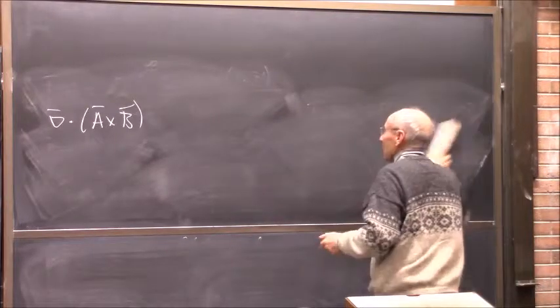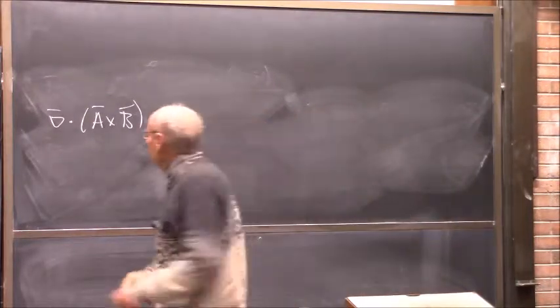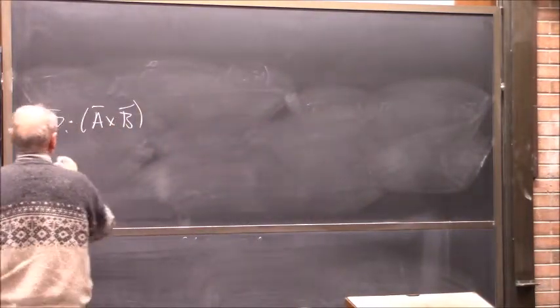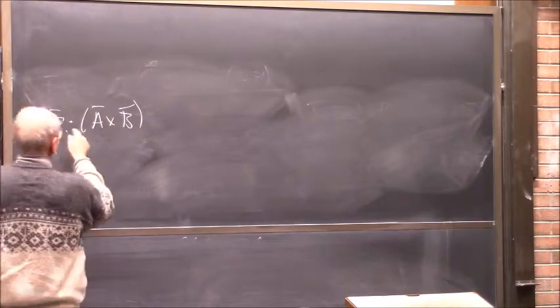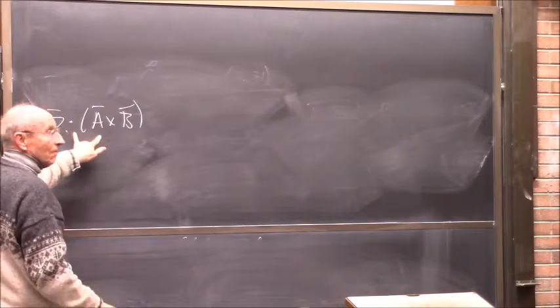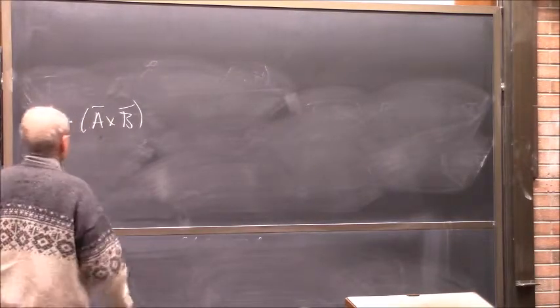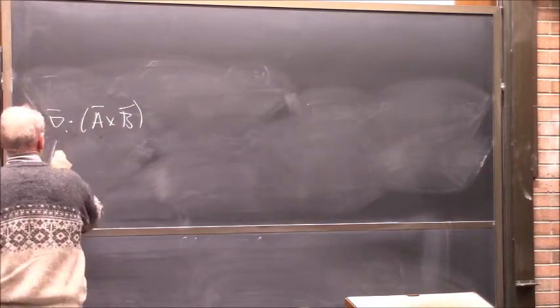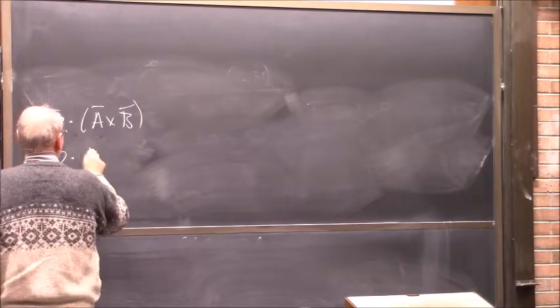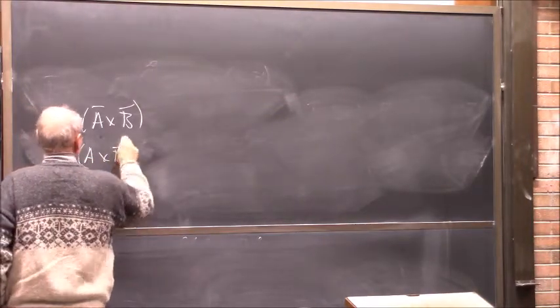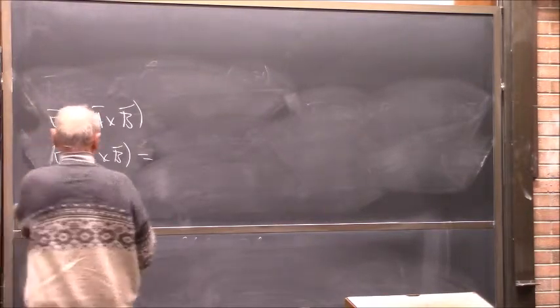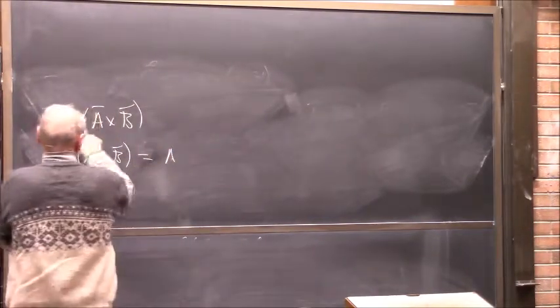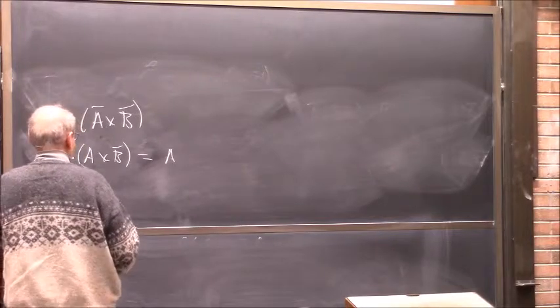Let's do it slightly differently. Let's use the fact that you can do a cyclic permutation on the products, so that the divergence of A cross B is the same, just a cyclic rotation of these things.